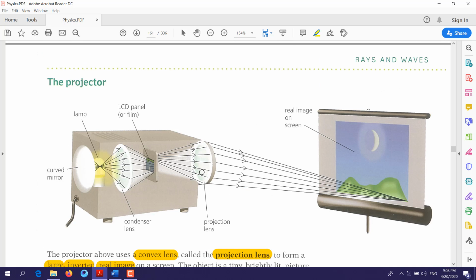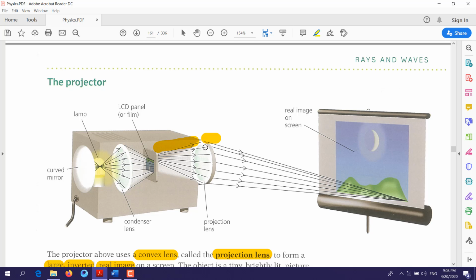So here, this question is just opposite to question number 1. The question says if this lens is moved further from the LCD panel, this distance is changing, it's becoming more. If this distance is more, it will affect the other side: here it should be less.